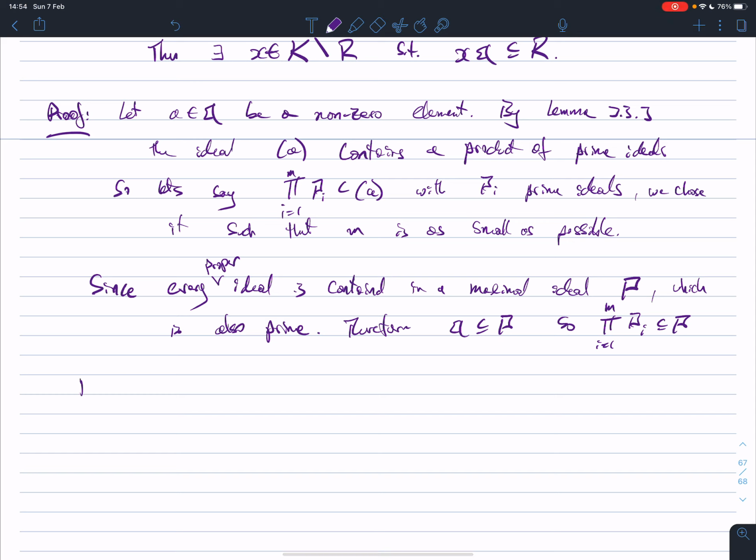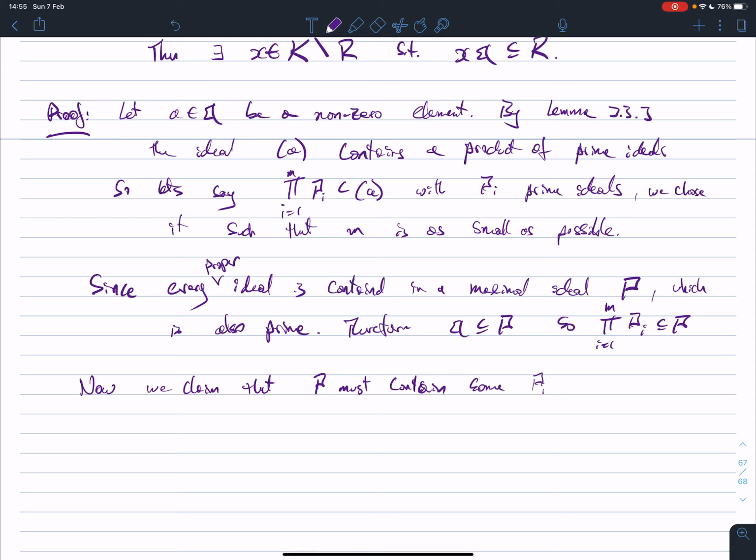Now we claim that P must contain some one of these prime ideals P_i.